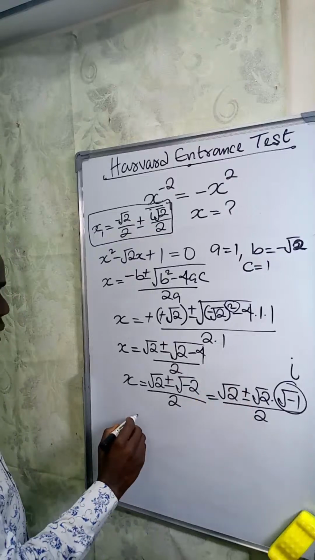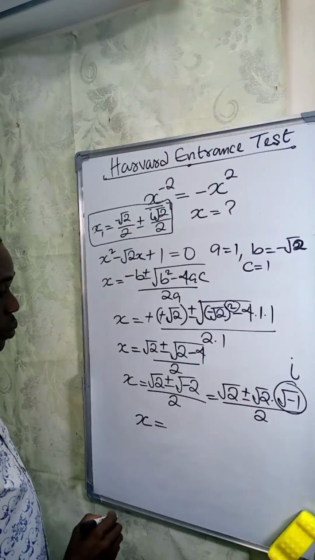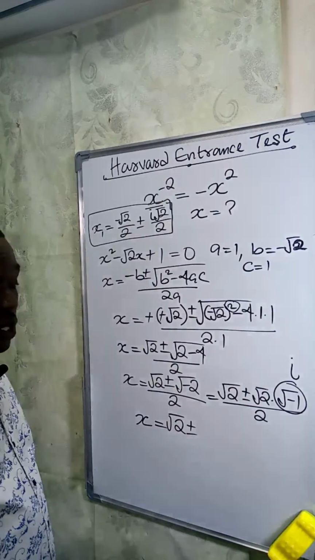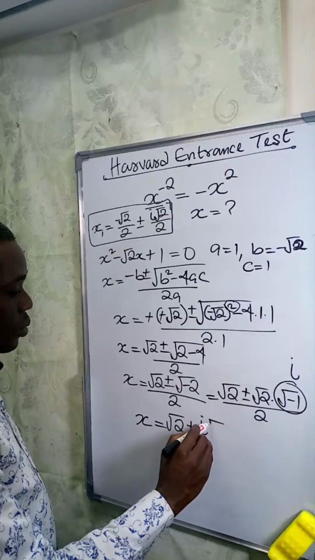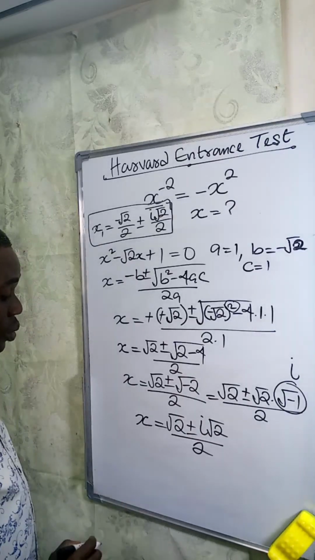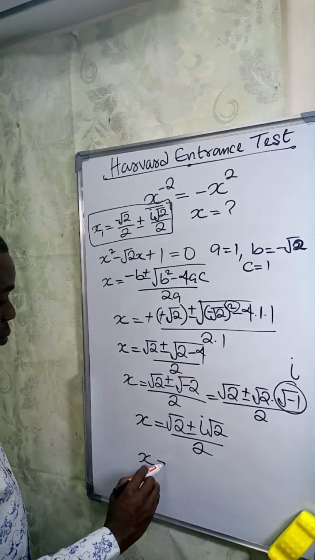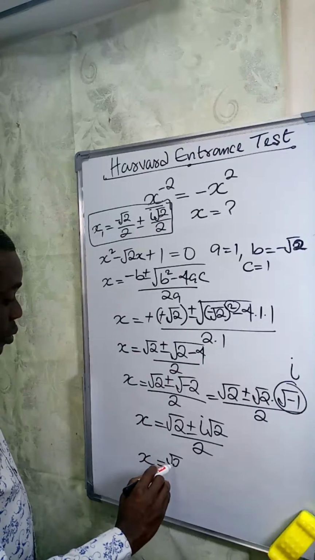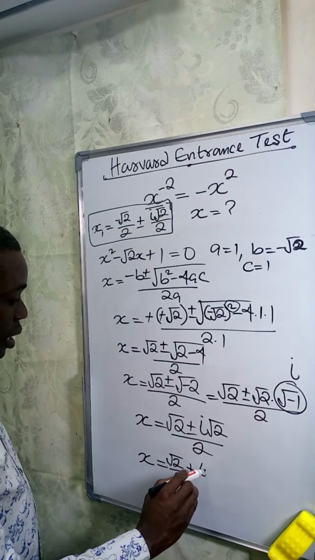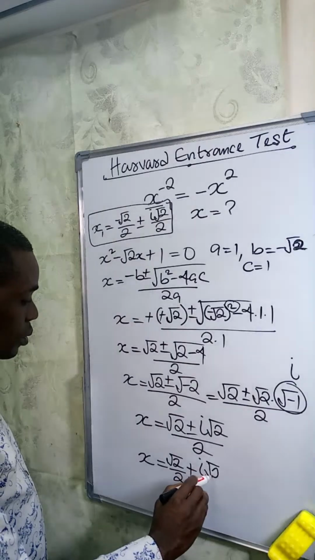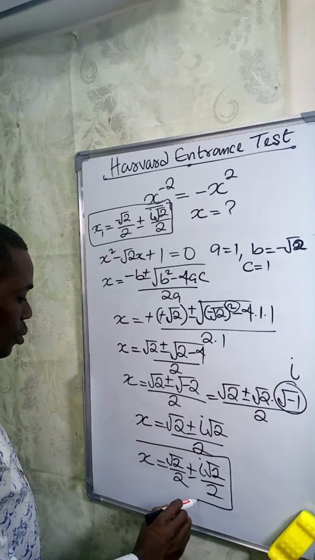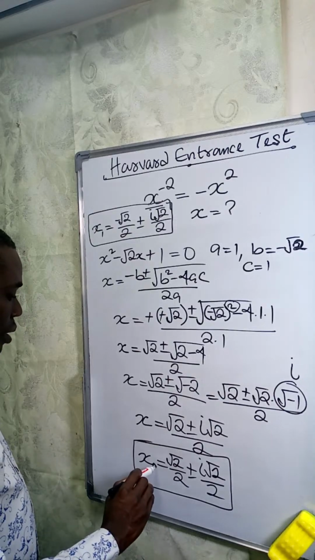So if we simplify that, we'll have our x to be equal to the square root of 2 plus or minus i square root of 2 divided by 2. So the second solution, x, will be equal to square root of 2 divided by 2 plus or minus i square root of 2 divided by 2. And this is the second solution to that math expression.